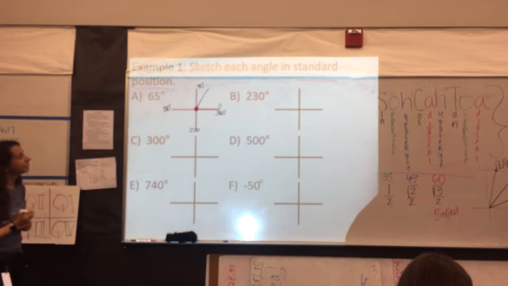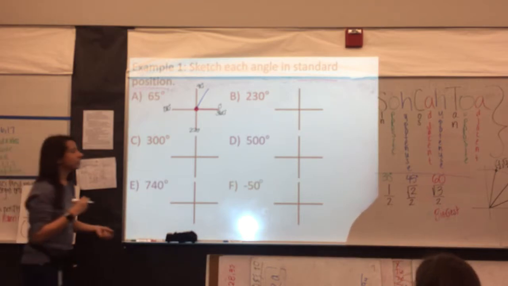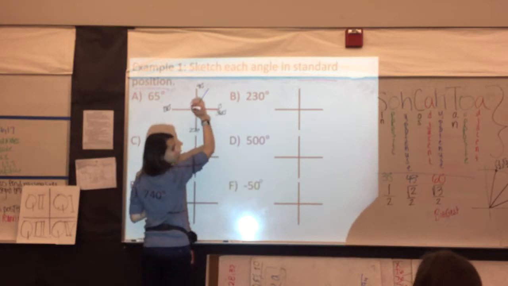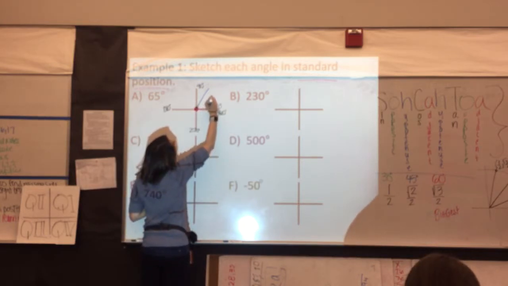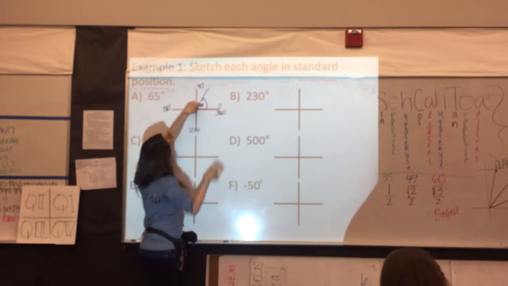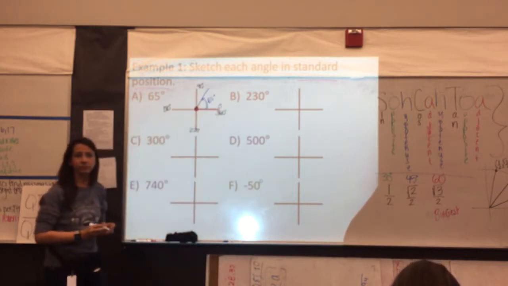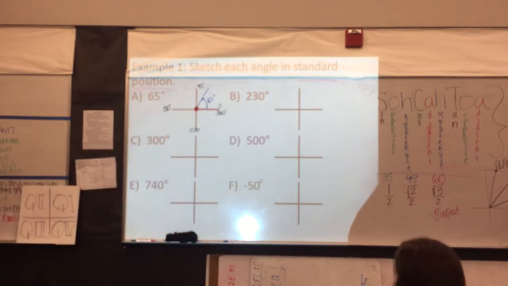Then all I have to do is show the direction, because we have angles in different directions. This one is positive, and then you put a little arrow to show that you came from here to there, and then just write your angle. Done. Pretty simple?